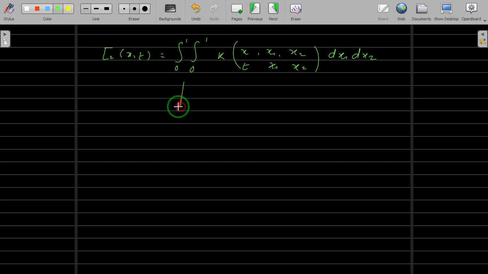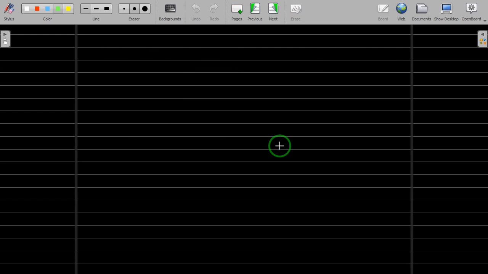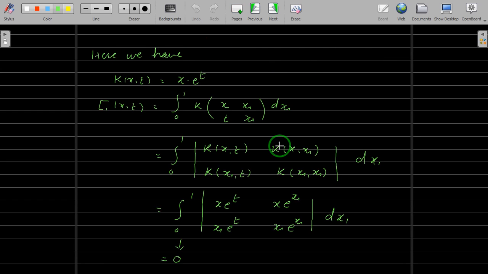Again, let me directly state this is again equal to 0. And similarly, you can go and say that Cn of x comma t is equal to 0 for all n greater than or equal to 1. Because C1 you got 0, C2 you got 0, and likewise you can check and say that Cn is equal to 0 for all n greater than or equal to 1. And definitely we have said that C0 is nothing but our kernel K.